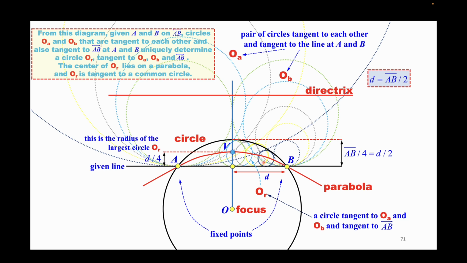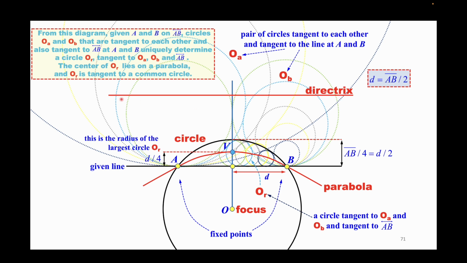The consequence is the largest of such circles would have a radius D over 4, where D is the half distance of segment AB. And these circles would have their centers on a parabola. And also, they are tangent to a common circle.